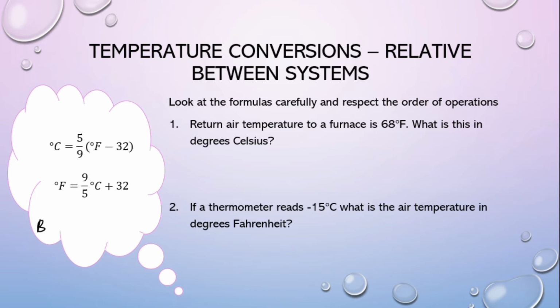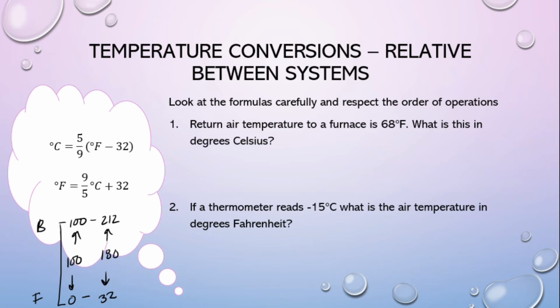Well, if you boil and you freeze, you know that you have between 0 and 100 Celsius, and between 32 and 212 Fahrenheit. The difference here is 100 degrees Celsius and 180 degrees Fahrenheit.